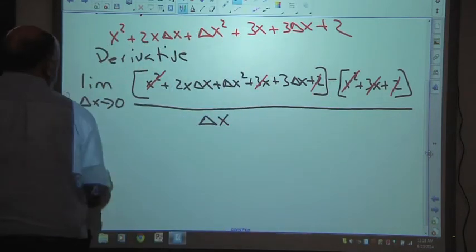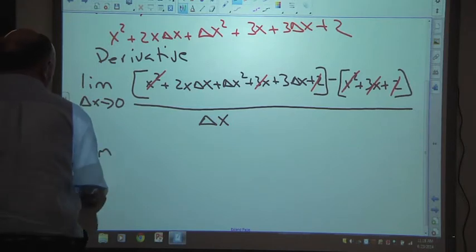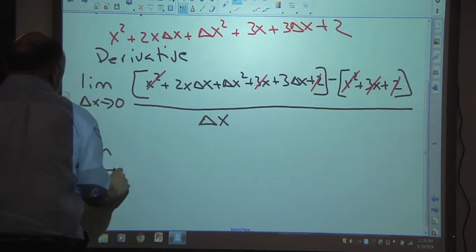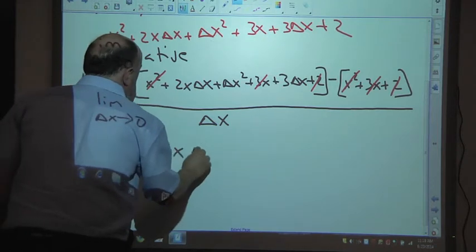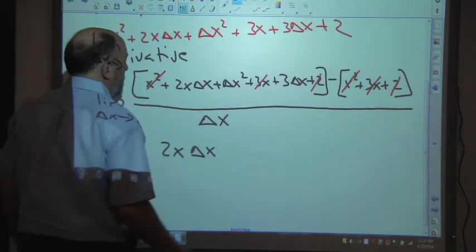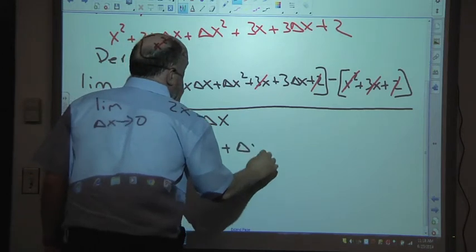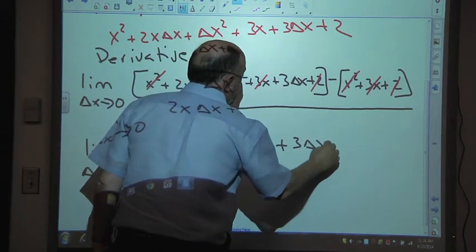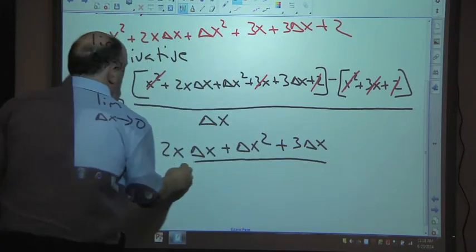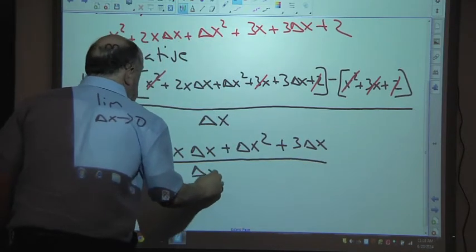And so we're left with the limit as delta x goes to 0 of 2x delta x plus delta x squared plus 3 delta x, all over delta x.